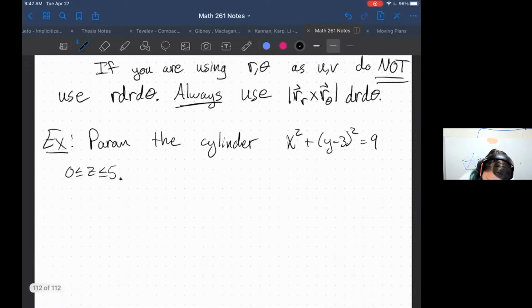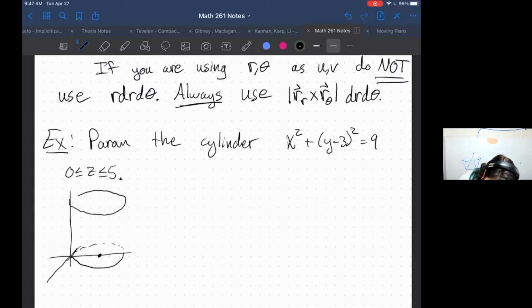So again, we can try to draw this thing. Something like this, 3, height 5. Let's say it's roughly correct.